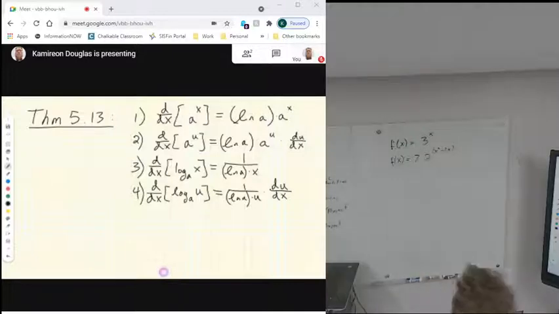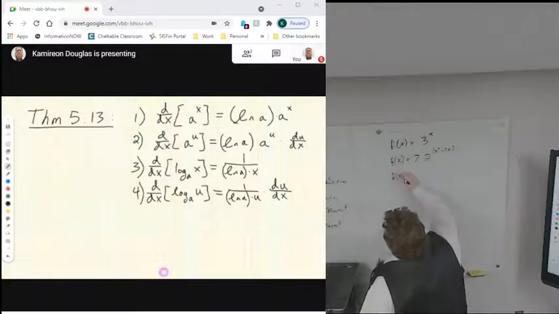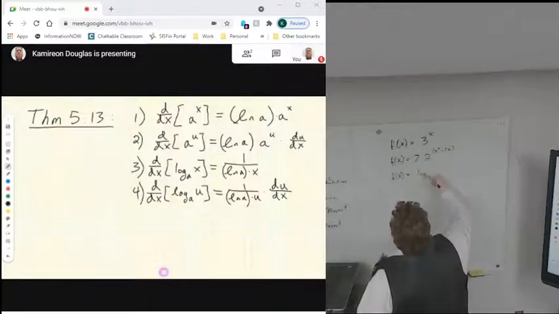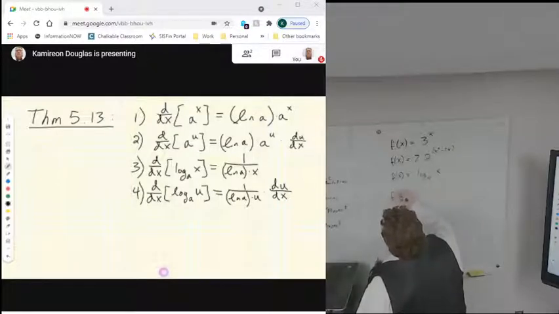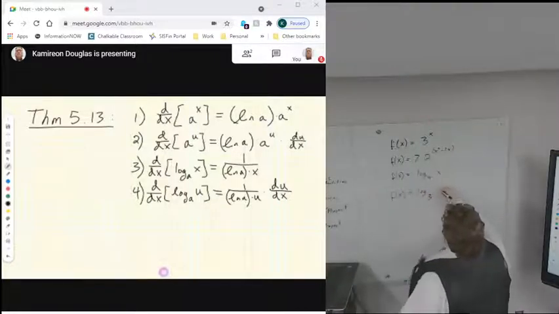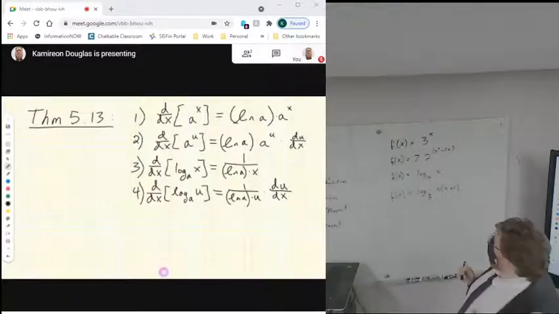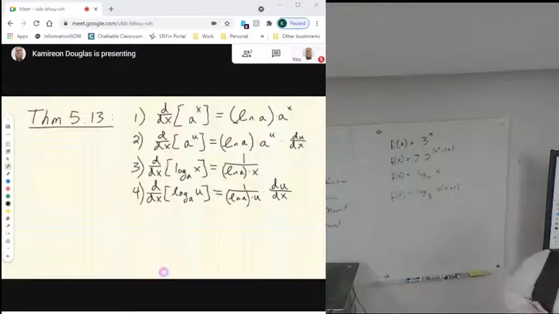I have to do 2 logs as well. The function f of x is equal to log base 4 of x, and then a more complicated one, log base 3 of x times x plus 1. Alright, ready?